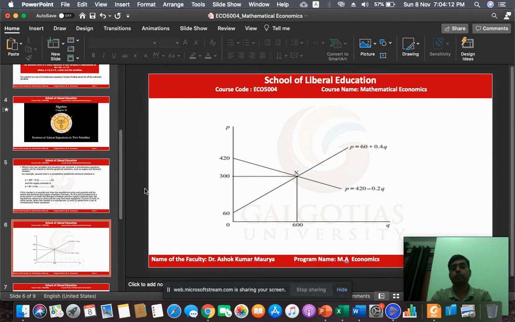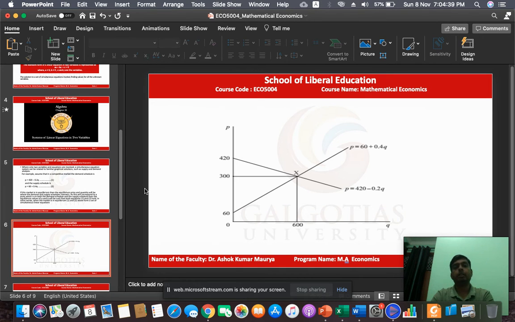So here graphically I am representing the demand side equation and supply side equation, and x is the equilibrium point, you can say the intersect point of demand equation and supply equation. Here we just equalize the demand equation and supply equation to each other, and always note that the nature of these equations is always linear.